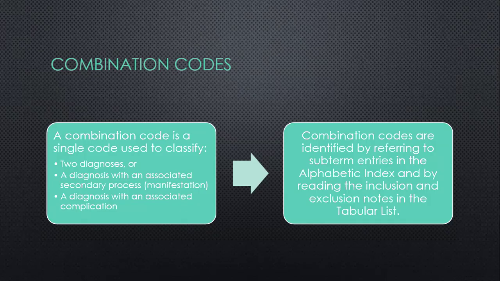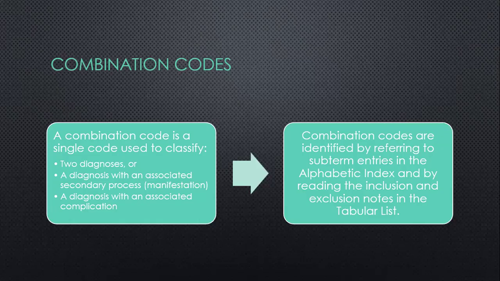So, say for instance, diabetes and chronic kidney disease. There is a combination code for type 2 diabetes or type 1 diabetes with an associated chronic kidney disease. So in that case, you're going to sequence your diabetes with chronic kidney disease.